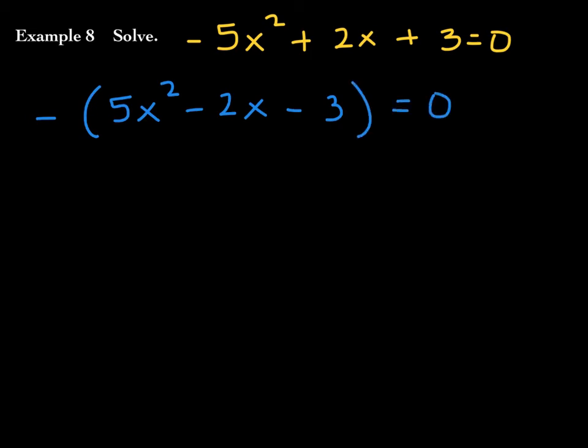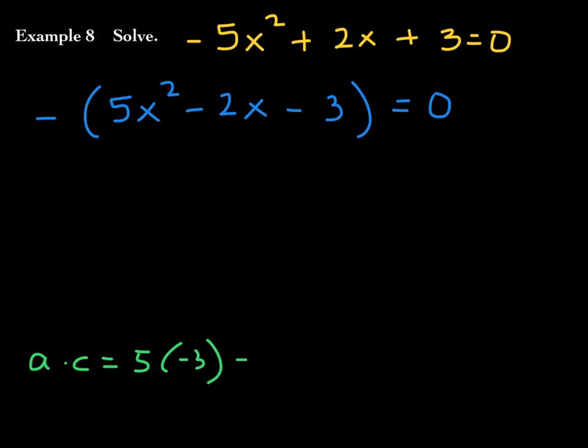Okay? All right, so what I'm going to try to do is factor the trinomial that's inside here. And we learned how to do this by using the AC method. And so in this example, a times c would be equal to 5 times negative 3. Now remember, I'm looking at the trinomial in here.